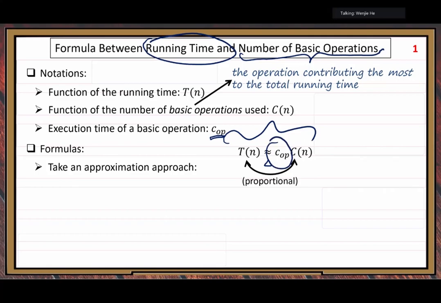Because here, this little c constant is different for different machines, for different computer hardware, right? Sometimes when you move to a different machine, you have a different little c number. That's quite annoying, not very convenient.